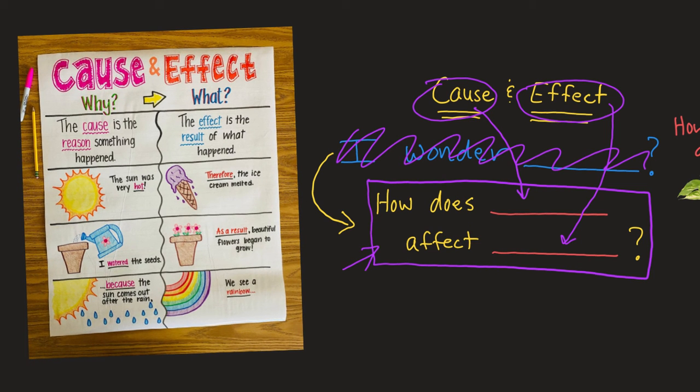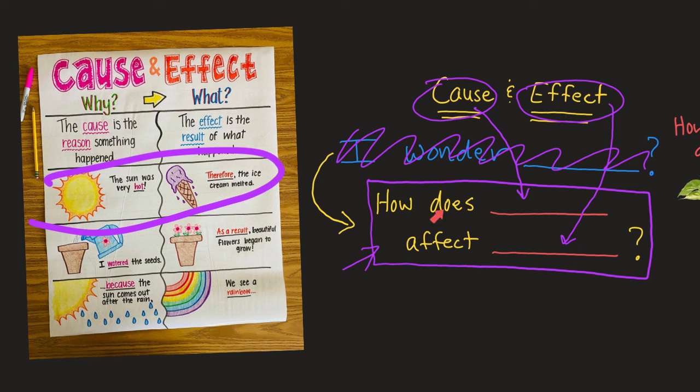Now if I turn all of my questions into a question in this form, you can start to see how the cause and effect shows up. For this situation here, I would turn this into a question by asking, how does the sun affect the ice cream melting?